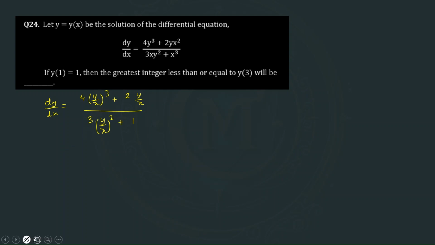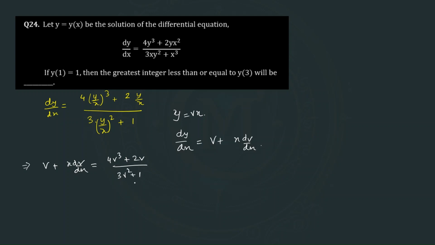Now this is the homogeneous form, so we can simply put y equal to vx. So dy/dx will become v plus x dv/dx. So it will become v plus x dv/dx is equal to (4v cube plus 2v) divided by (3v square plus 1).